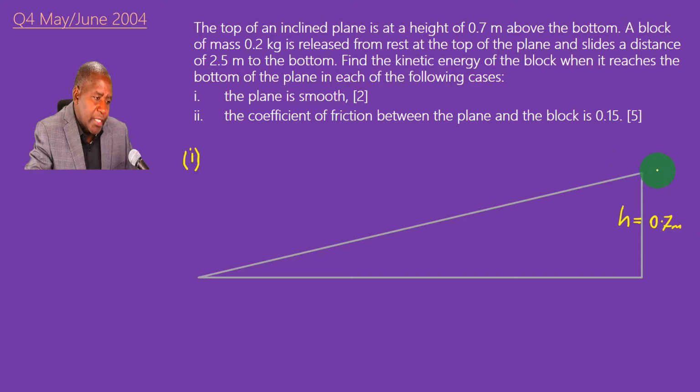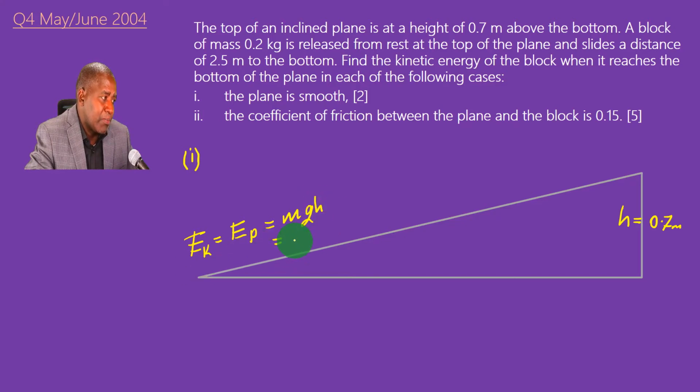So here it's got gravitational potential energy. It's all that gravitational potential energy which is changed to kinetic energy at this point. So EK at this point is easy to calculate because it will be equal to the E potential that it had up there. And if I know the mass of the object times the gravitational field strength times the height, I'll be able to work out the kinetic energy at this point.